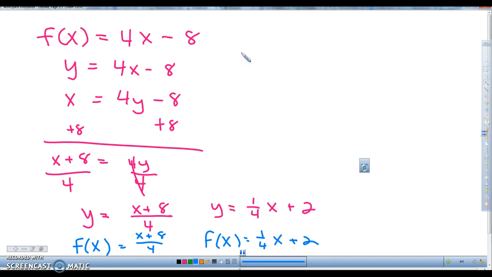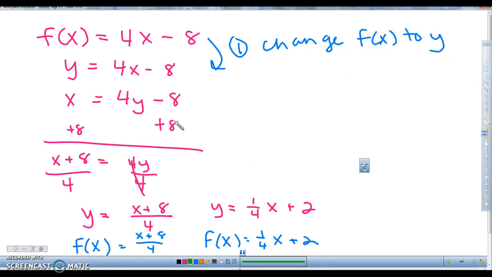Okay, so there were some steps that we followed here. This first step was to change f of x to y. My second step was to switch x and y, or interchange them if you want to get fancy wording.